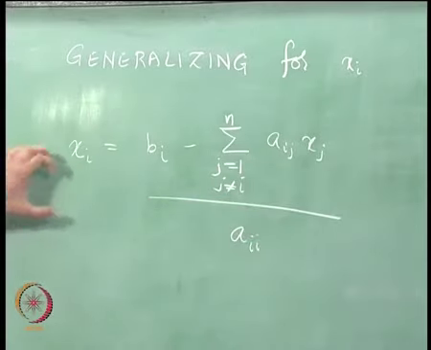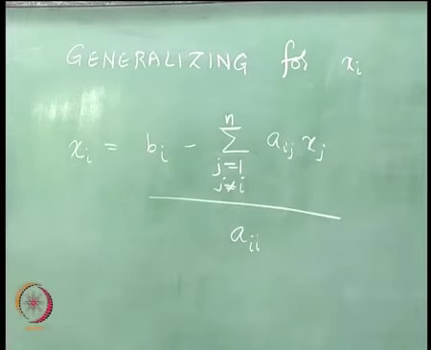Then we will go ahead and solve this equation in order to get x1, x2, x3 up to xn, and we will keep repeating this until we get the desired convergence.